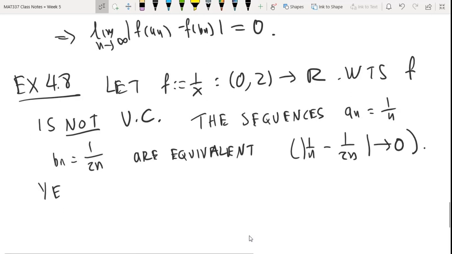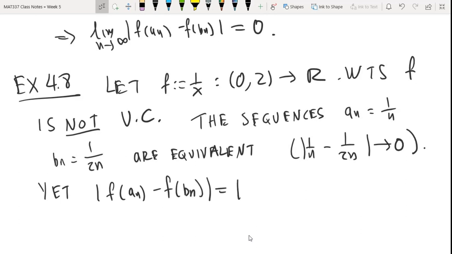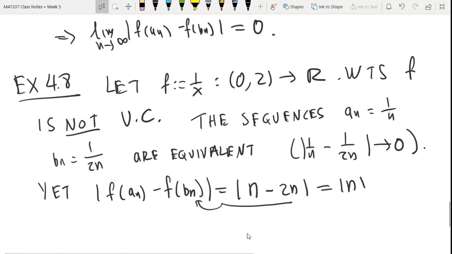Yet, f of an minus f of bn is equal to what? Is equal to n minus 2n. So this is a way you could have reverse engineered. You could have started from here and then figured out what you needed. So this is n, and it goes to plus infinity.